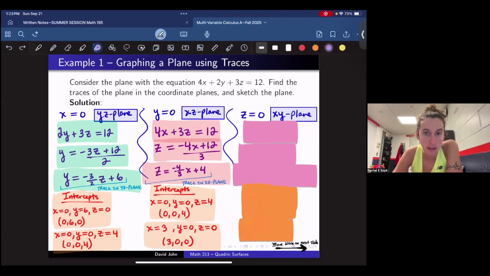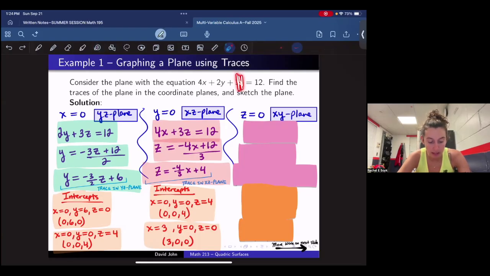Perfect. Last but not least, let's look at our trace in our xy plane. So now we're going to cancel out this 3z up here. So we're looking at 4x plus 2y is equal to 12.